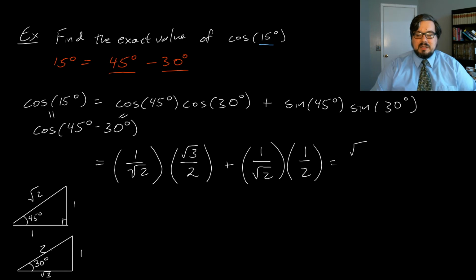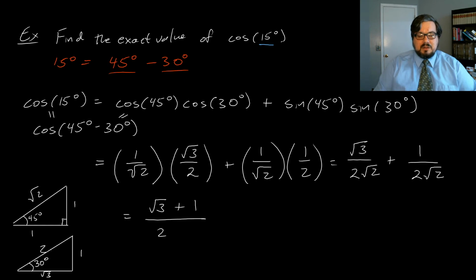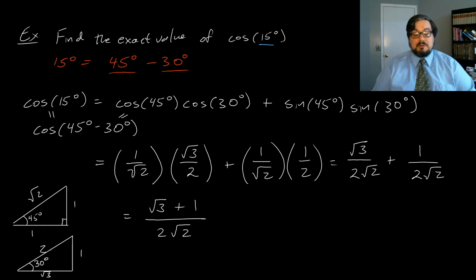So we'll get the square root of 3 over 2 square root of 2 in the first term, plus 1 over 2 square root of 2. And then that simplifies down simply as the square root of 3 plus 1 over 2 times the square root of 2. And there we go. That is cosine of 15 degrees.